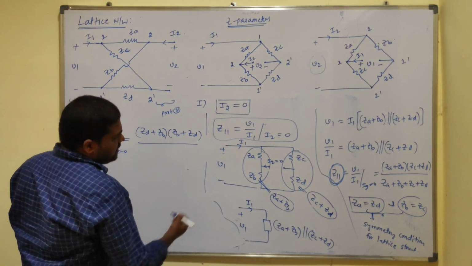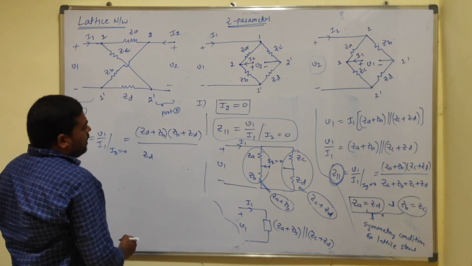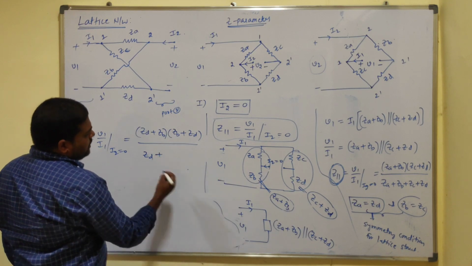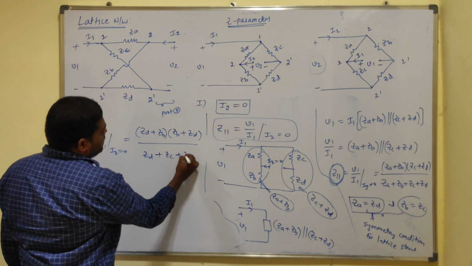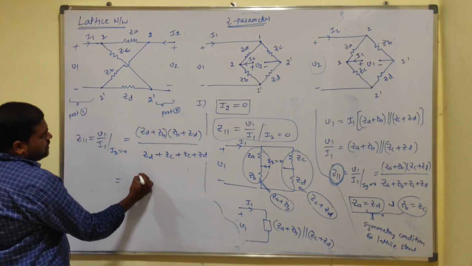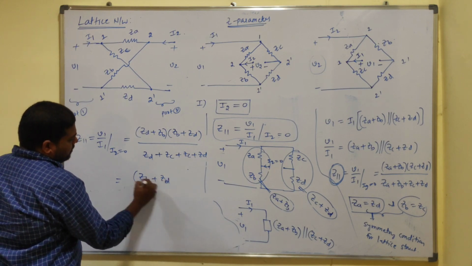So wherever ZA is there, you can replace it with ZD, and wherever ZB is there, you can replace it with ZC. And now ZC plus ZD. Now this is ZB plus ZD whole square.